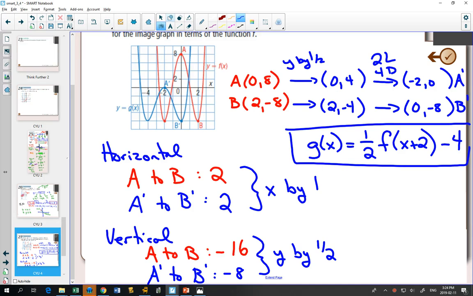So we set things up, but we have to do an analysis to figure out what happened with our stretches and compressions both horizontally and vertically first, and then once you fill that in, everything else is easy. Okay?